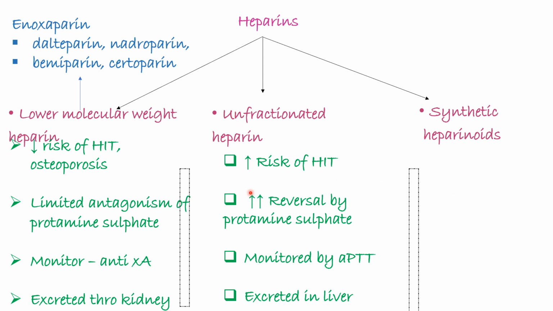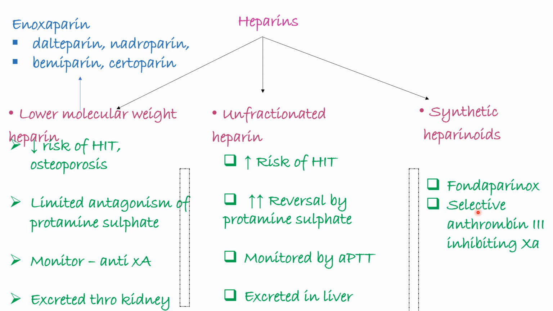Whereas unfractionated heparin still stimulates antithrombin 3, but after stimulation of antithrombin 3, it inhibits both factor 2 and factor 10A. An example of synthetic heparinoids includes fondaparinux, selective antithrombin 3 inhibiting factor 10A, and it is excreted by the kidney. So a patient who comes in and has a kidney problem, which drug do you give? Unfractionated heparin. So let's dig into unfractionated heparin.